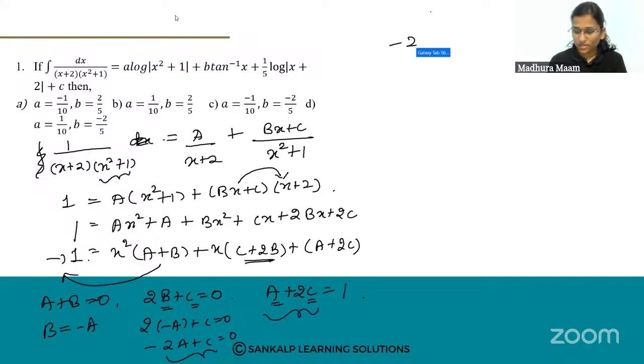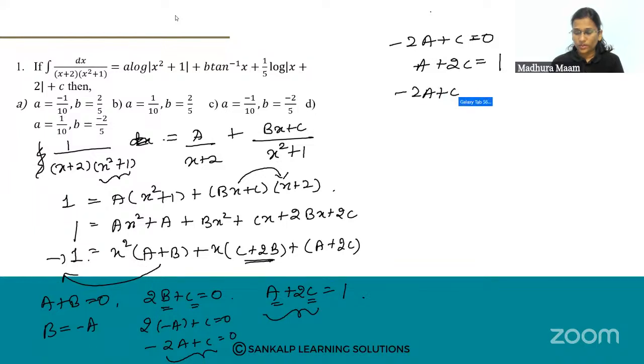Minus 2a plus c equals 0, and here I'll get a plus 2c equals 1. Whichever you want to cancel, you can cancel. Say if I multiply this with 2, I'll get minus 2a plus c equals 0, and here 2a, 4c, and 2.